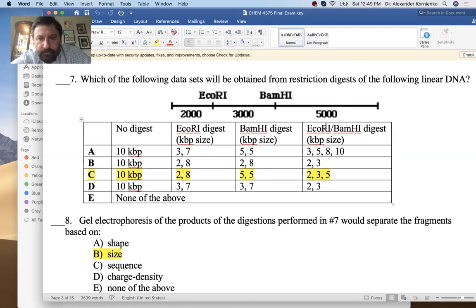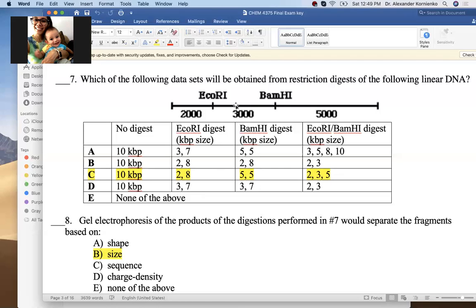And then if you employ both of them, the two 5s will be cleaved, and on the other side, one of the 5s will be cleaved into 2 and 3, 2000, 3000.